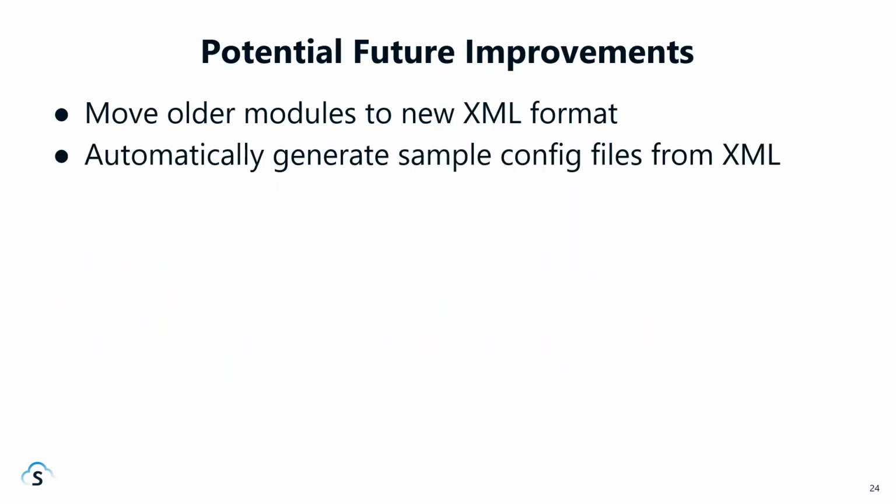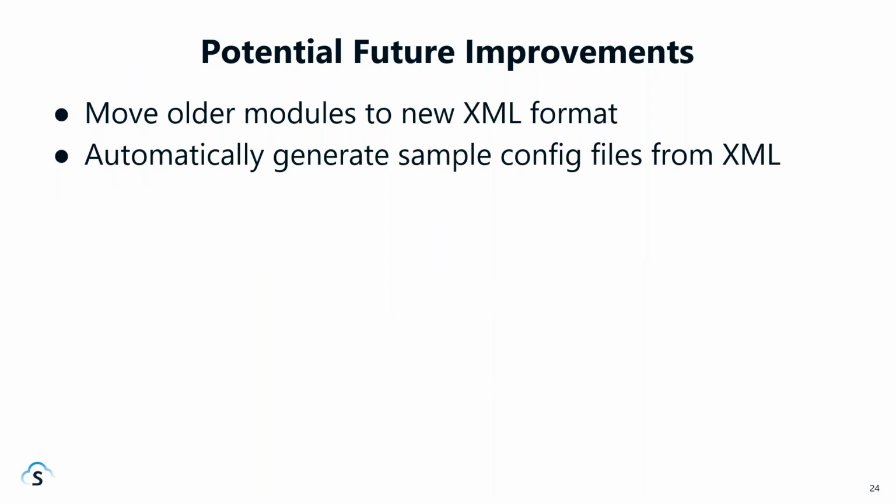From a potential future improvements perspective when it comes to documentation, like I said before, we'd like to move older modules over to the new XML format so we can have a complete documented list on the doc site for everything. And something else is generating sample configuration files from that XML.